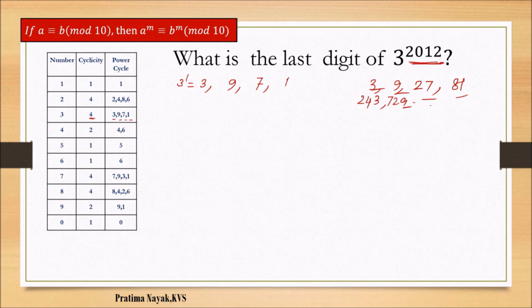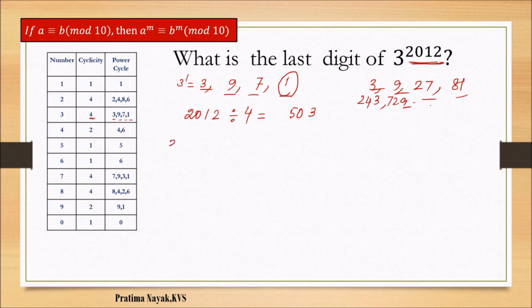2012, if we divide by 4, it is completely divisible. So 503. When it completes a cycle of 4, the end is 1. 1, 2, 3, 4. The end is 1. So its unit place digit will be 1.